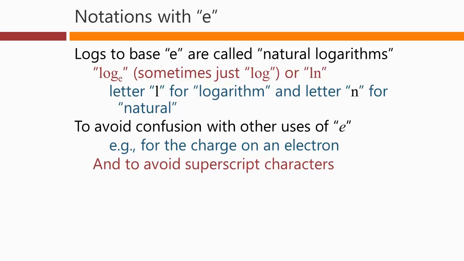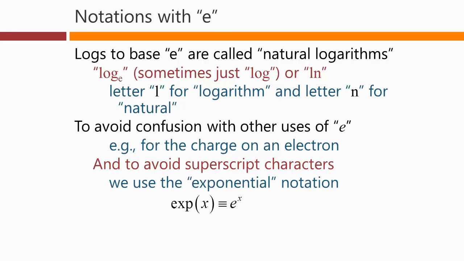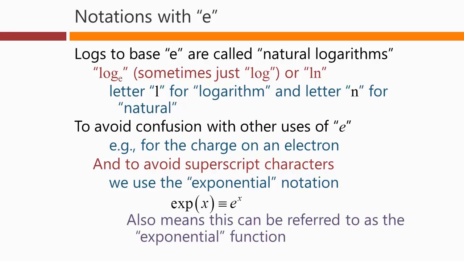So to avoid using the letter e and to avoid these superscript characters, instead of writing e to the x, which is still perfectly legal and perfectly all right, we will try instead to use this notation here, exp of x, or the exponential function, e to the x, exactly equivalent to this notation here, exp brackets with x in the middle.